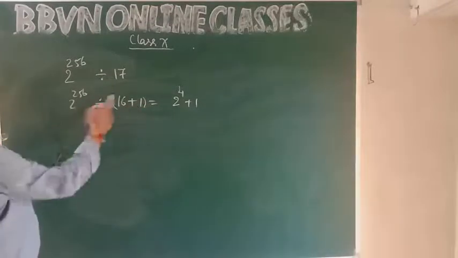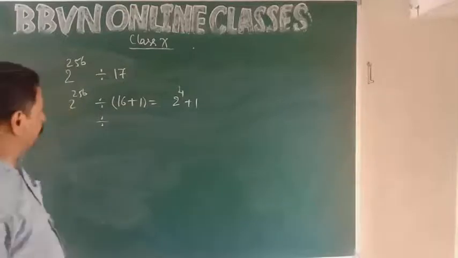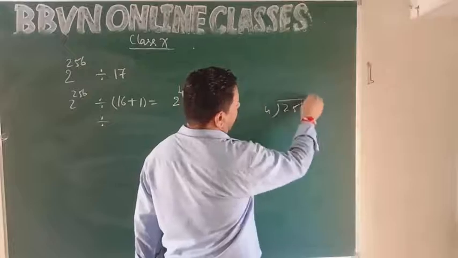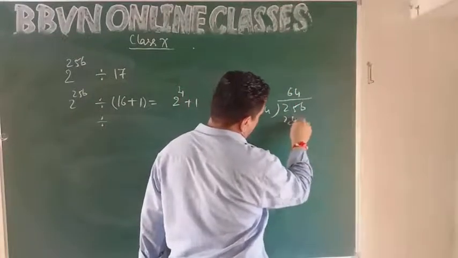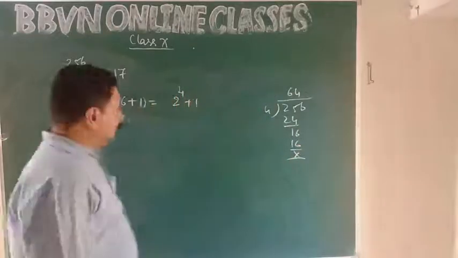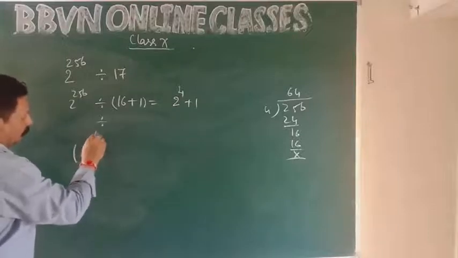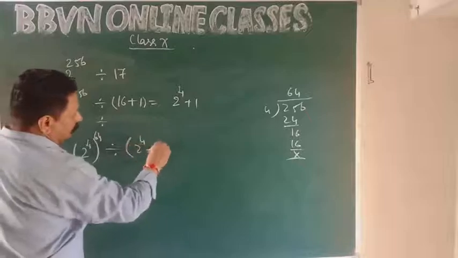Now can we write 2 to the power 256 also in terms of 2 to the power 4? So 256 को अगर मैं 4 से डिवाइड करूं 64 आएगा. So I can write this as 2 to the power 4 whole to the power 64 is divided by 2 to the power 4 plus 1.